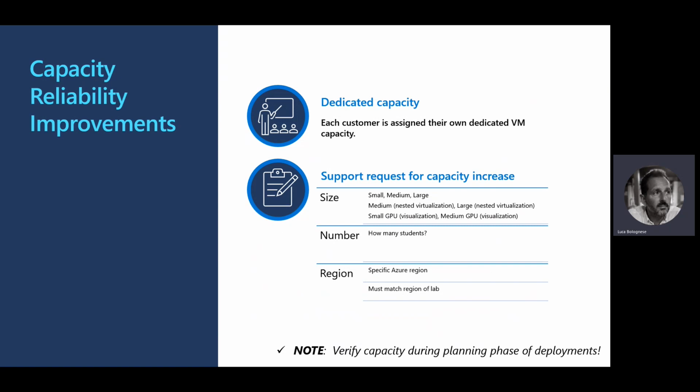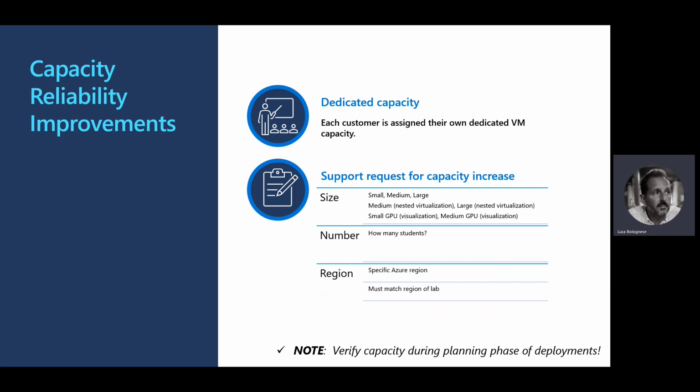One thing that you have to remember, this is very important: in the past, we had situations where people created labs, and then at the time of running them, there were no cores available in the region. And so there were a few problems with that.